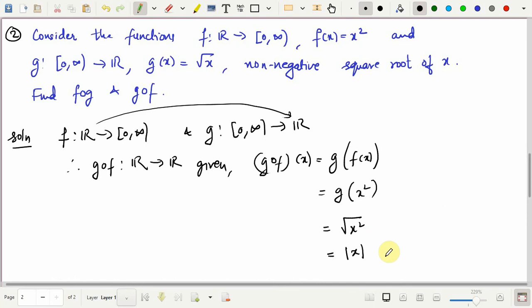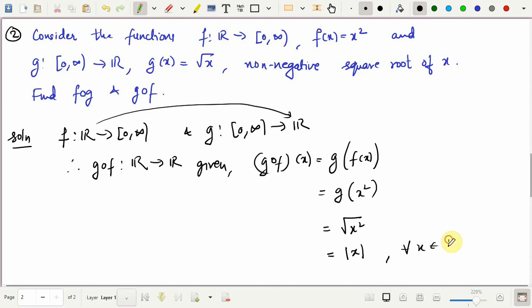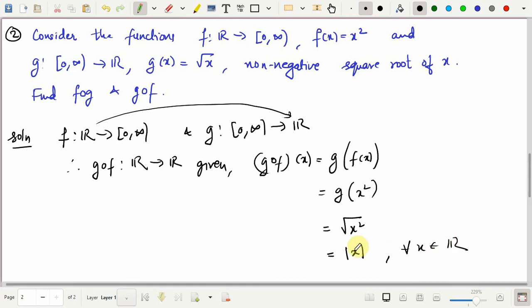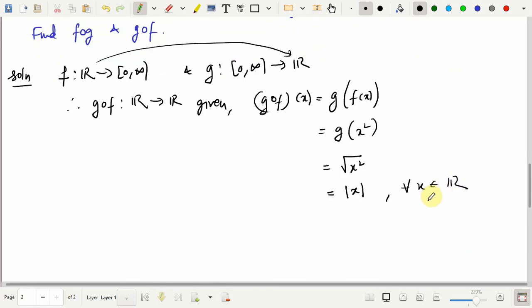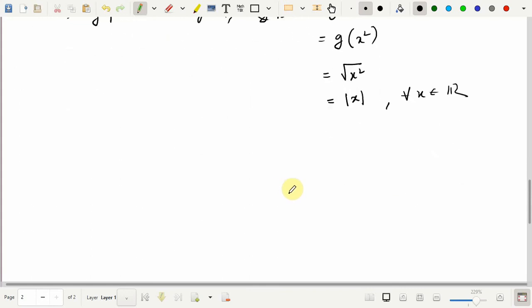Okay, so for x in R, so this is how g composite f is defined. We don't know whether it's going to be a plus x or minus x, so that depends on the value of x, because here your domain of f is R. So this is for x in R. This is how g composite f is defined.